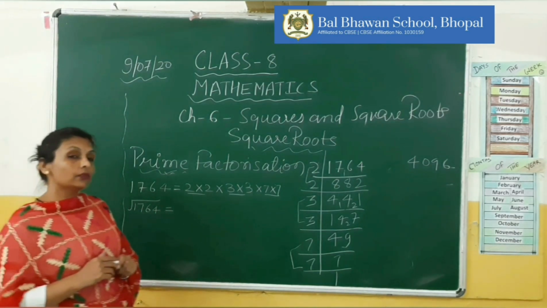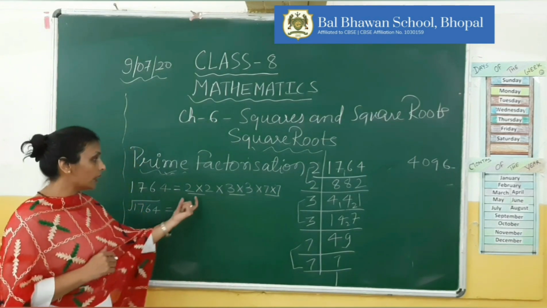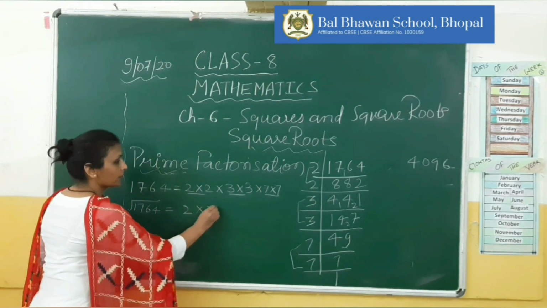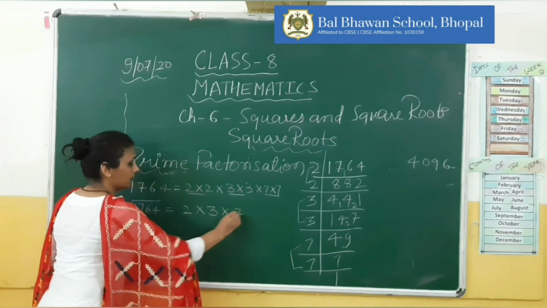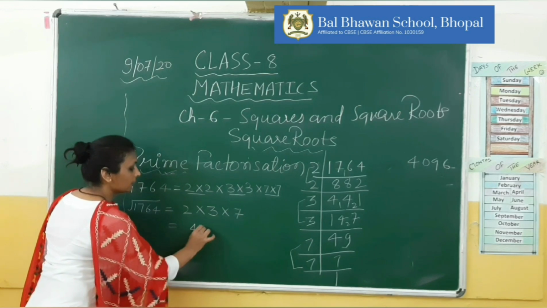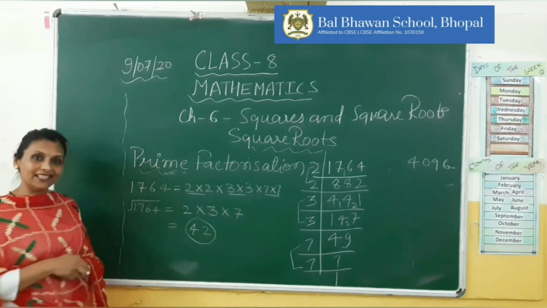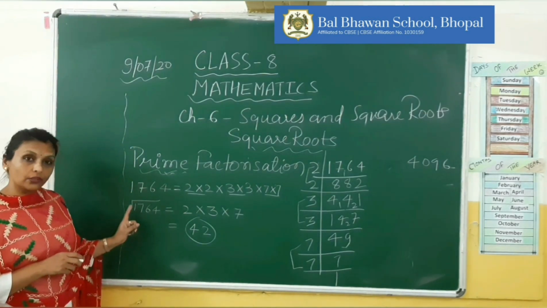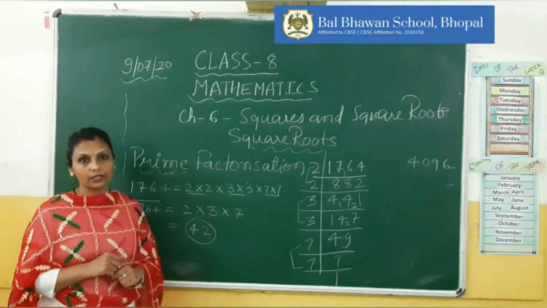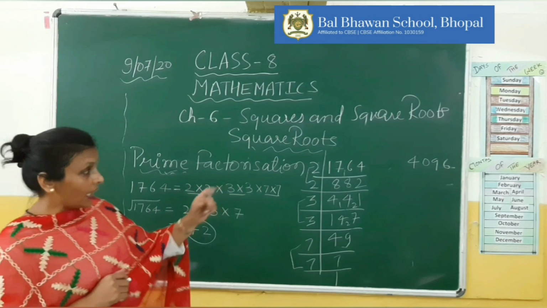And what I said, what to do after this, we have to select one number from each pair, right? So 2 into 3 into 7. 2 3s are 6, 6 7s are 42. We got the answer. So the square root of 1764 is 42.